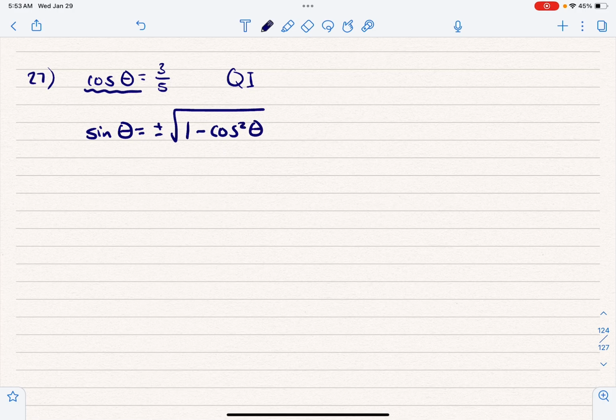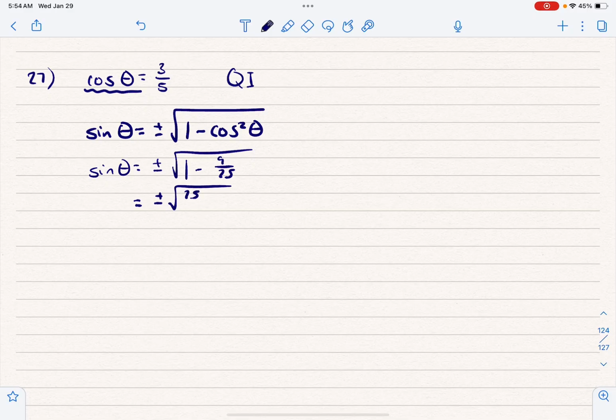Well, 3/5 squared is 9/25, and we know that 1 is 25/25, so we get 16/25, and the square root of that is 4/5. Now we go back and see it says quadrant 1, so it's only positive, not negative.